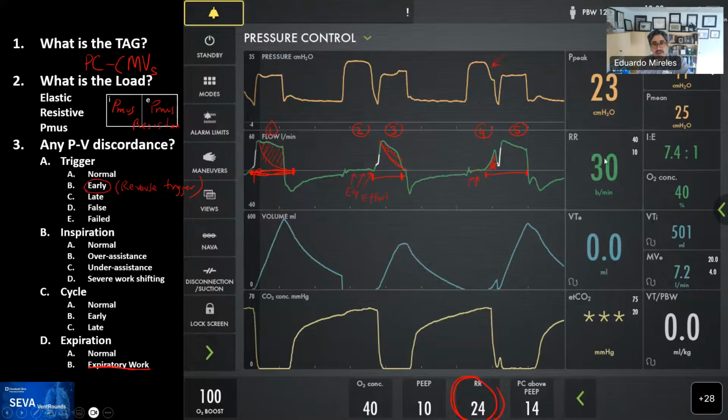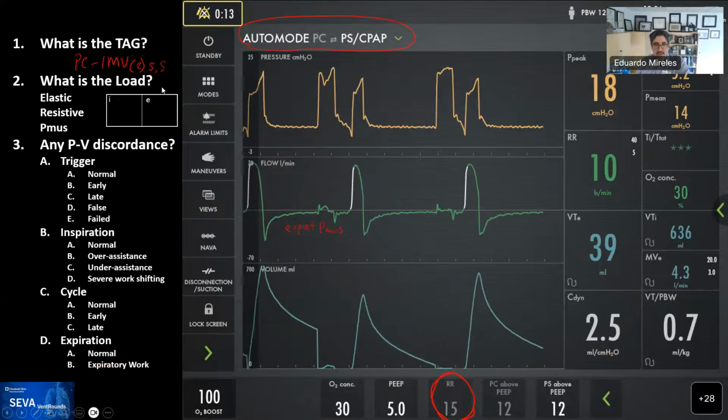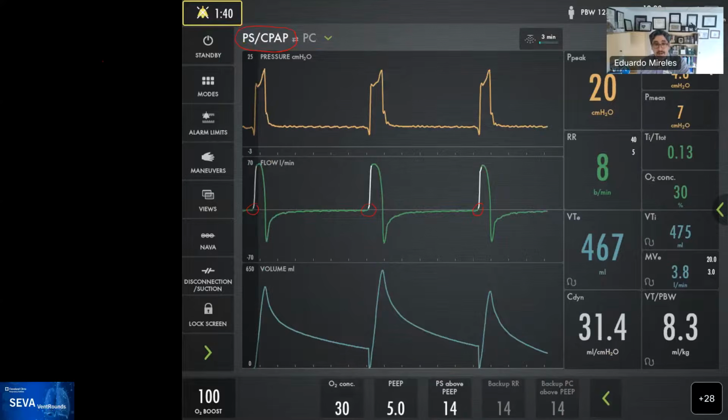We didn't find the optimal rate until we placed the patient on pressure support mode, which yielded a better synchronous waveform, but evidently the amount of gas exchange is to be determined, whether it's appropriate or not for the patient.